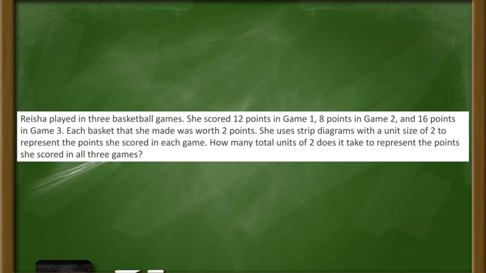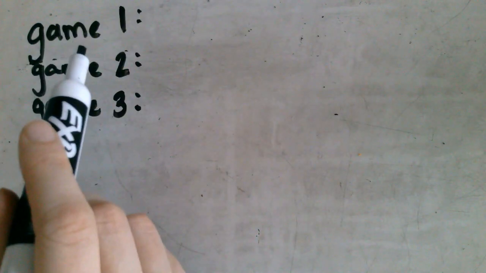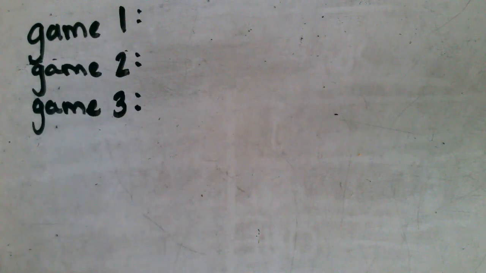For this activity, we are going to need to analyze the points that our team player got in game 1, game 2, and game 3. Let's switch over to our whiteboards now and write some of this information down. On our whiteboards, let's write game 1, game 2, and game 3. In game 1, our player scored 12 points.